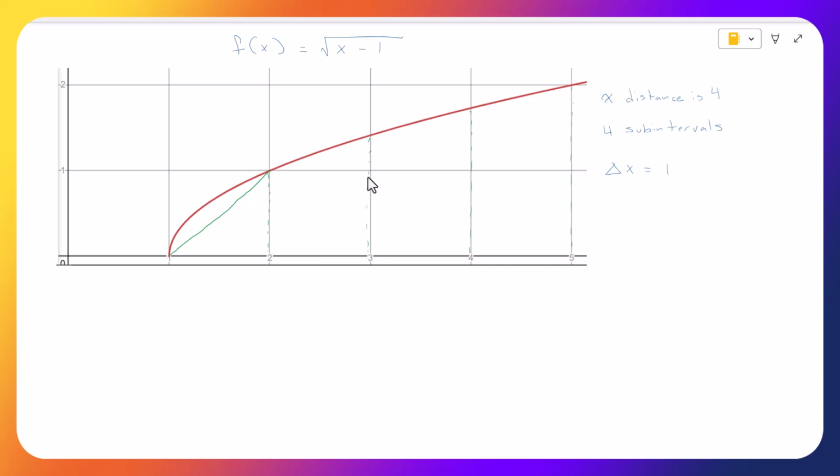Like this trapezoid here, when we get to it next, has a length on this side and a length on this side. This length is going to be some number. This length is some number. This trapezoid on this side has a length of 0. So now here, I draw my next trapezoid. And I'm just going to go ahead and draw all the trapezoids.